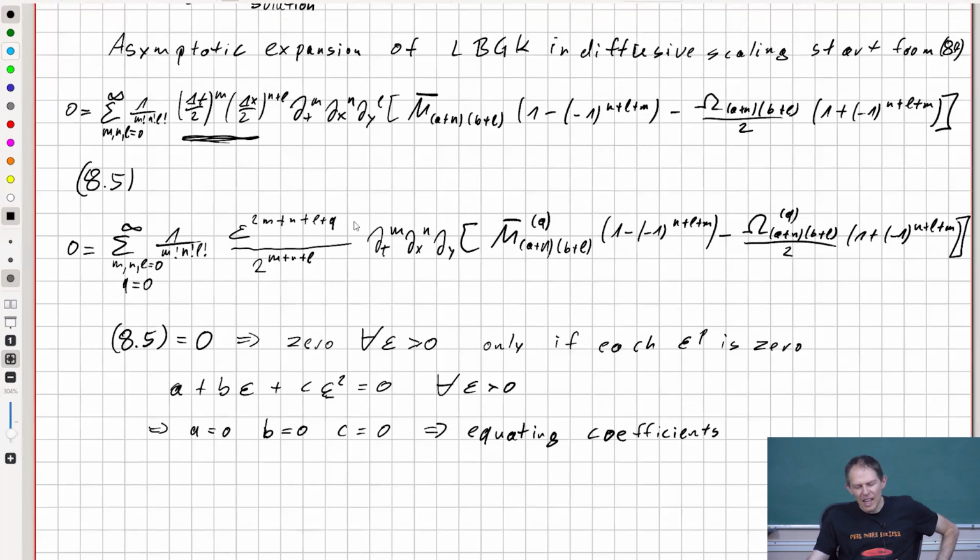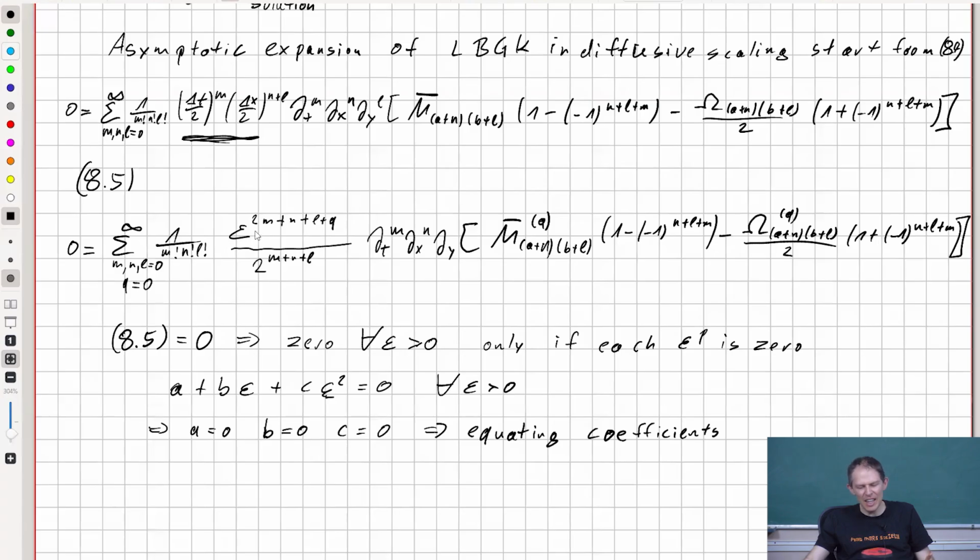Because this means that each individual order in this, where we have epsilon to the same power, we can organize this to epsilon to the same power, and they will all be equally 0. So I already organized them all together, right?